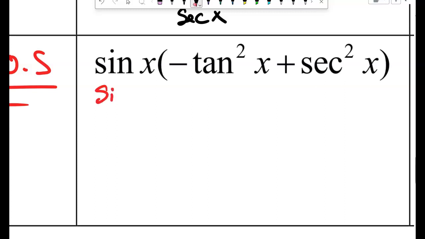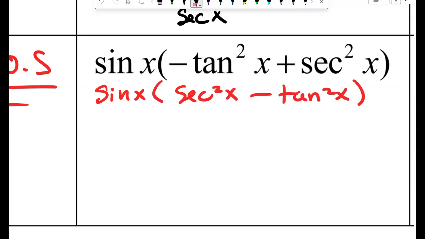Friends, what if I did this? Secant squared x minus tangent squared x is a Pythagorean what? Identity. It's one of the sub-identities you're supposed to have memorized. So if you saw that negative tangent squared x, these two mean the same thing.